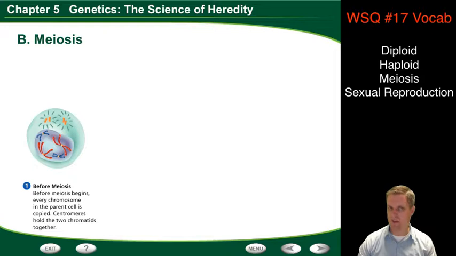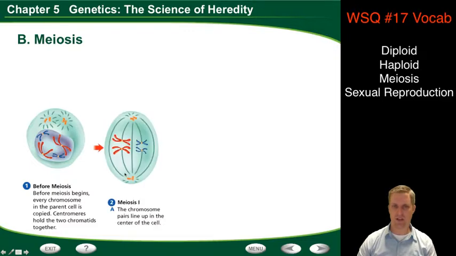So I'm going to take you through the steps and then explain exactly what's going on. Before meiosis begins, every chromosome in the parent cell will be copied. Very similar to mitosis, you'll see the centrioles, and you'll see the centromeres that combine and hold the chromatids together. So we have this DNA, we have two copies of each one, just like we saw in mitosis.